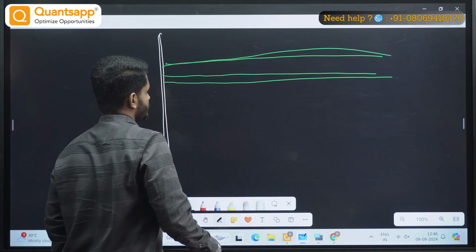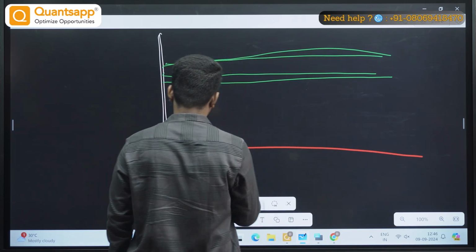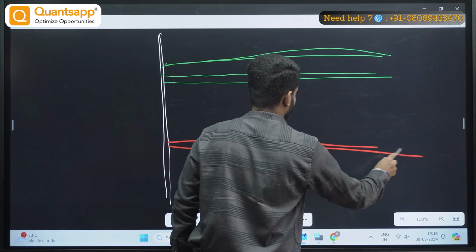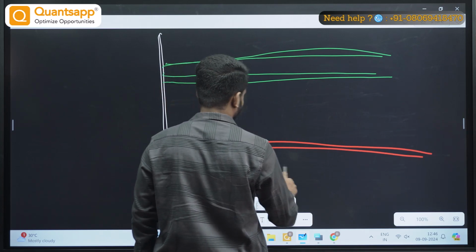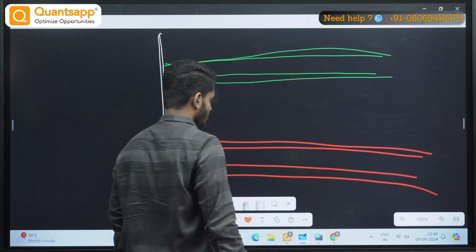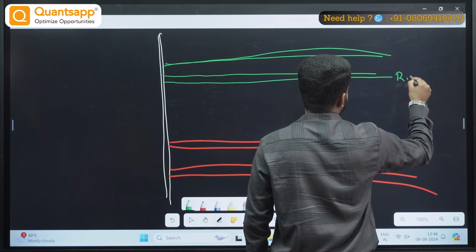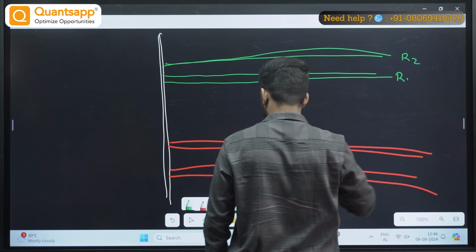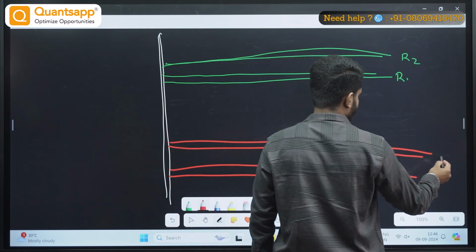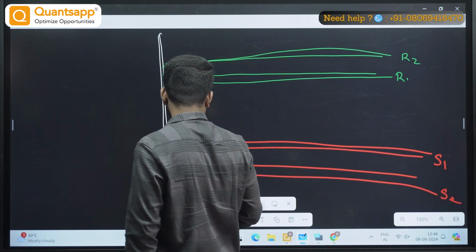So this is the call writers level, and this is the put writers level. The strongest put writers are present over here, followed by another level. Say this is resistance 1, resistance 2, and support 1 and support 2.